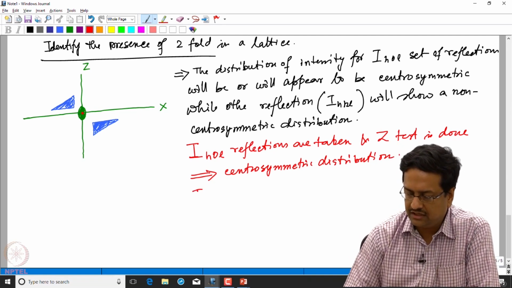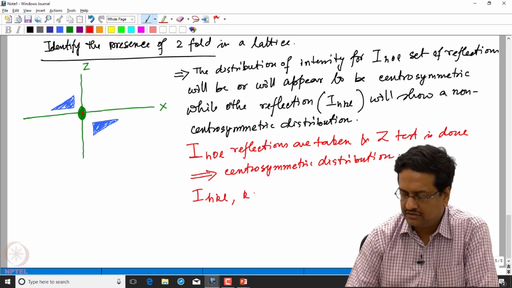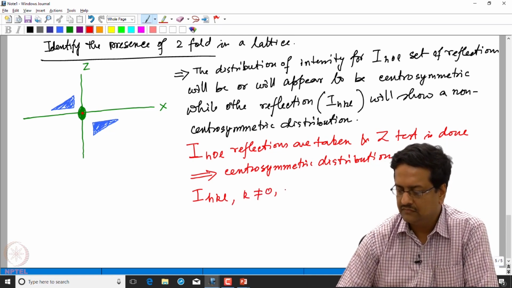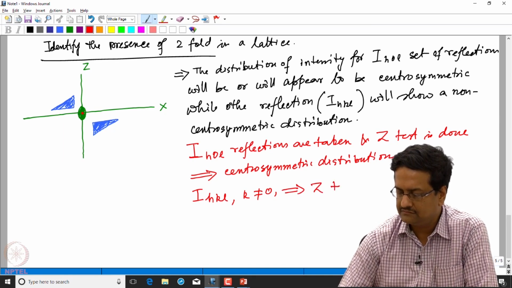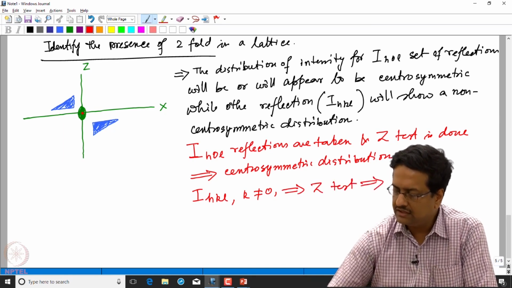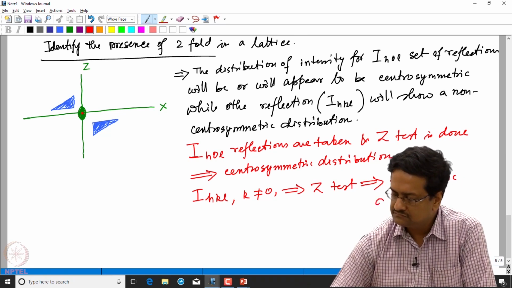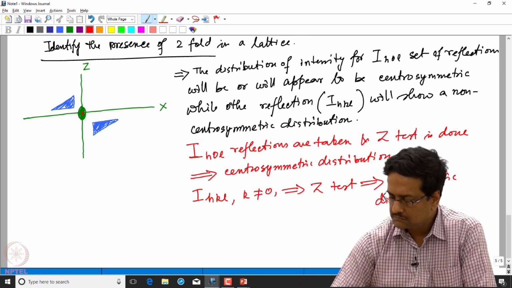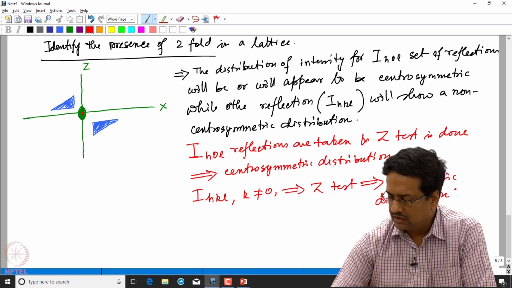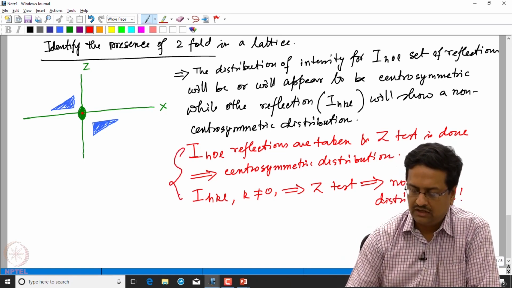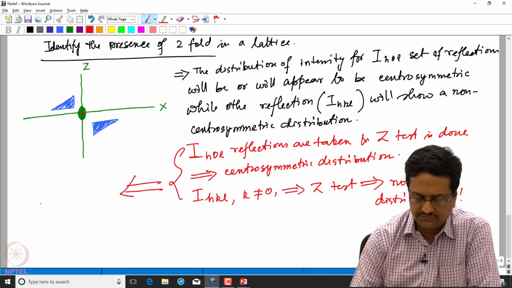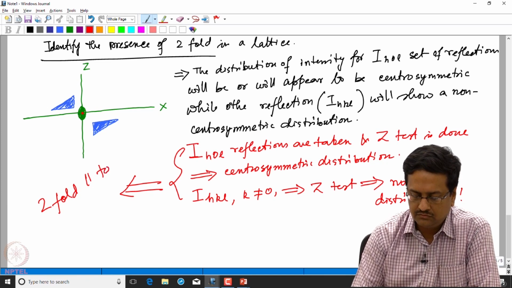But if we take the general HKL set of reflections where k is not equal to 0 and do the same Z test, we would see that it indicates a non-centric distribution, and hence one can conclude the presence of a twofold parallel to y.